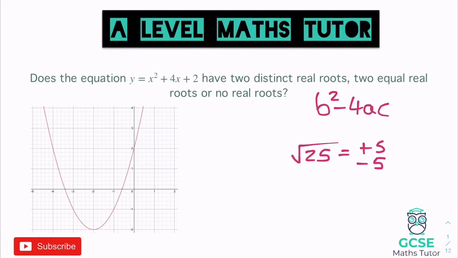Sometimes it'll be an actual whole number, sometimes it might be a decimal, but we always get two solutions with a positive number. We can also have the number 0. The square root of 0 is 0, but thinking about the rest of the quadratic formula, that would mean we'd only get one solution, because in front of the square root you have the plus and minus, and if both the plus and the minus are 0, then both of our solutions are going to be equal.